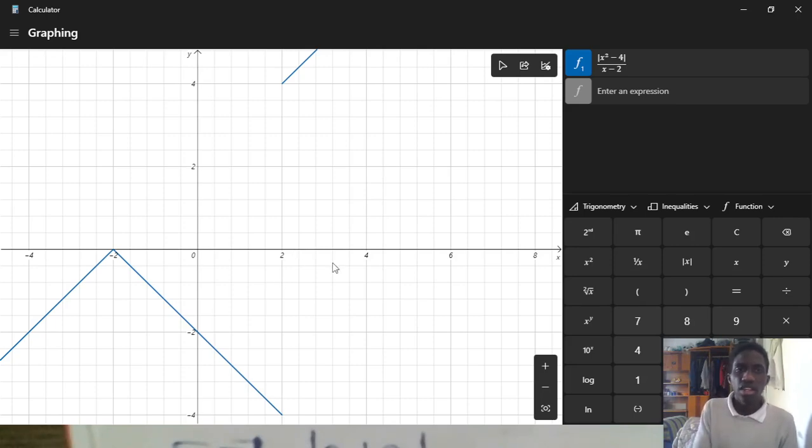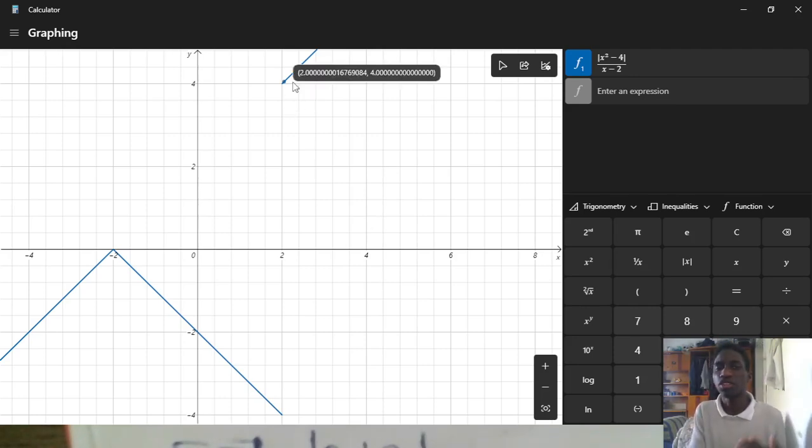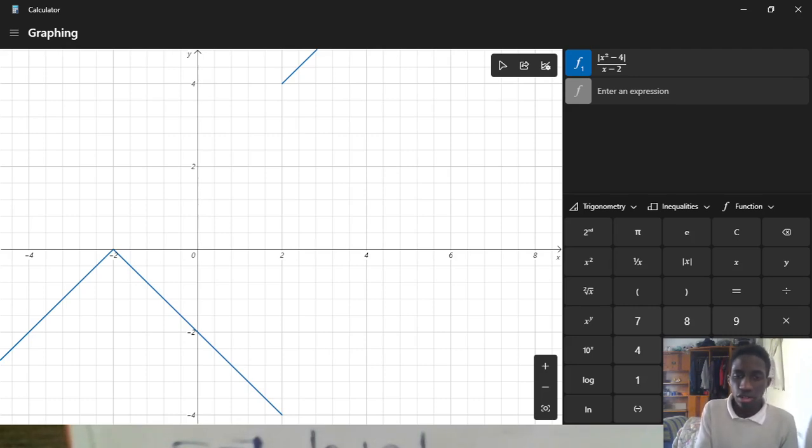So that's the concept there. This limit does not exist. There is no such thing as the limit of this function at 2, because it has a different right limit and a different left limit. They're not equal to each other. So that's the concept there.